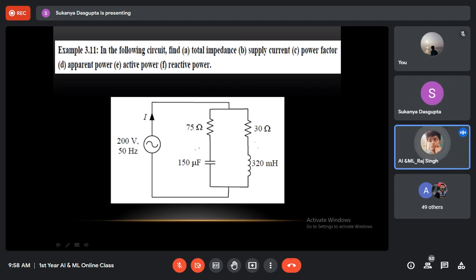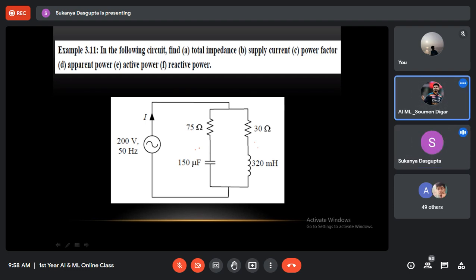In the lower branch it is R minus jXC, and in the upper branch R plus jXL. Now R1 is 75 and R2 is 30.